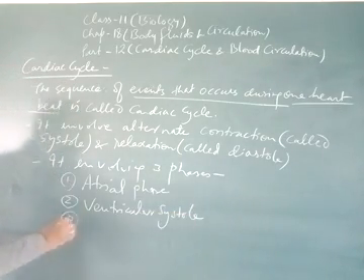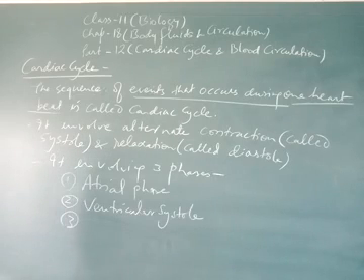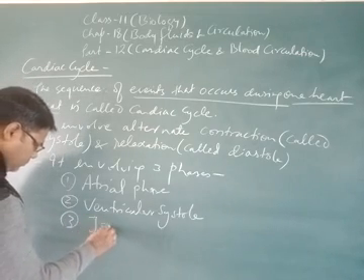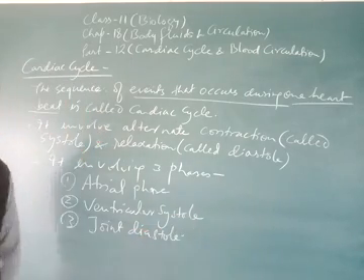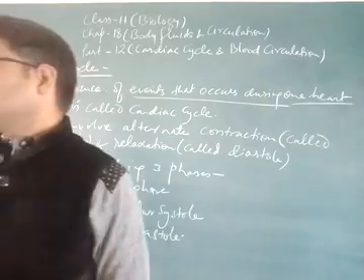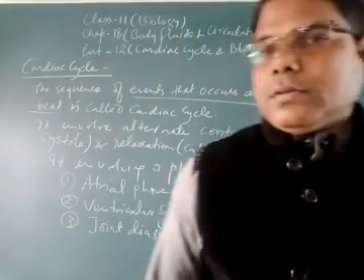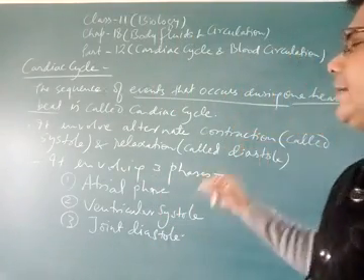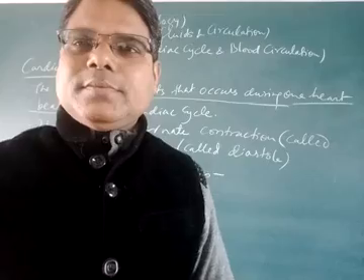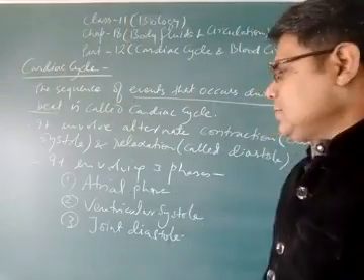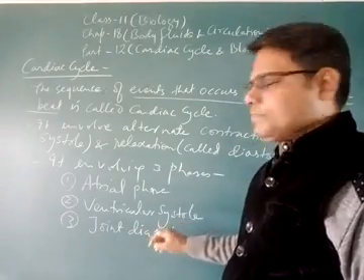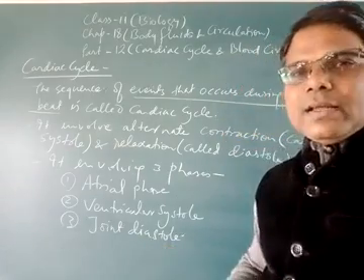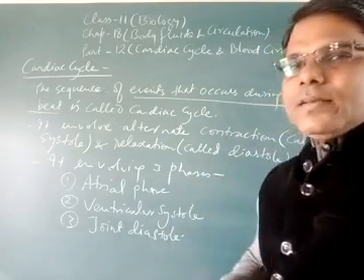And number 3 is joint diastole. These 3 events are collectively termed the cardiac cycle. These 3 events, that is atrial phase, ventricular systole and joint diastole, are involved in a cardiac cycle.